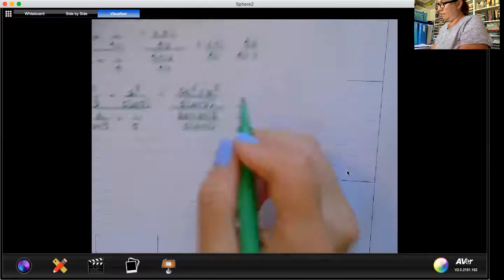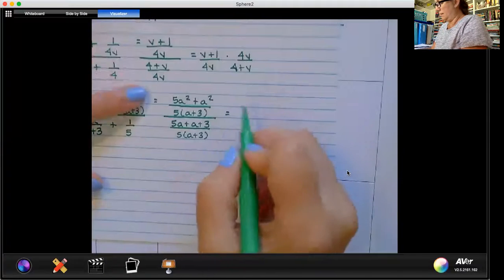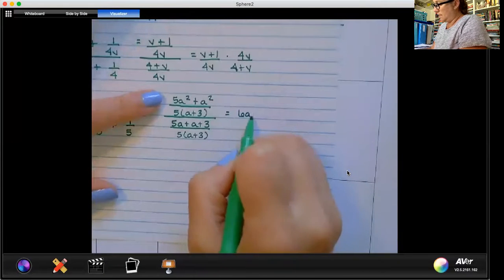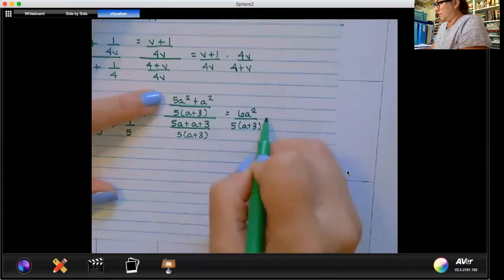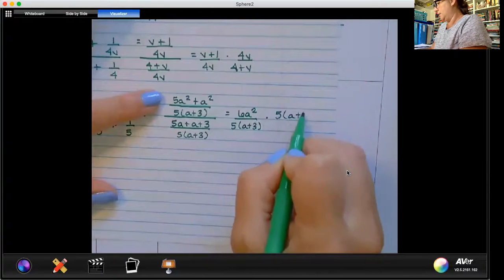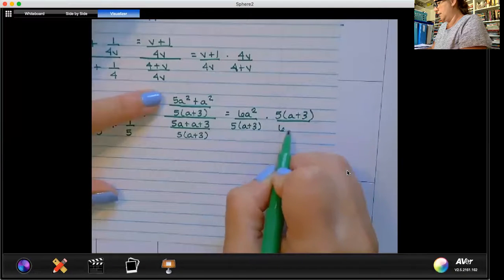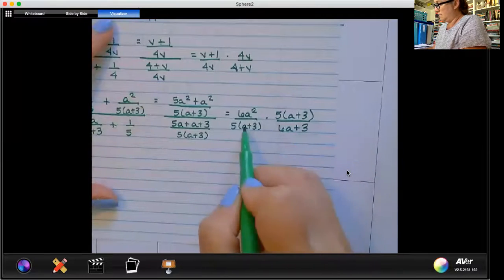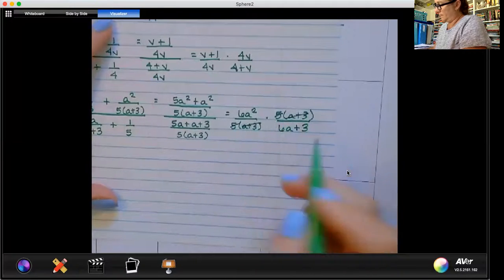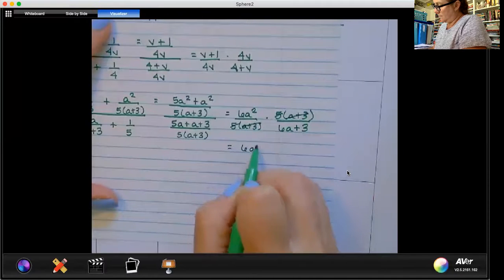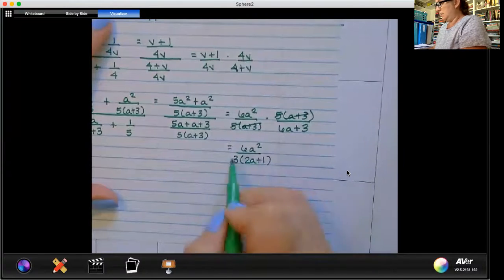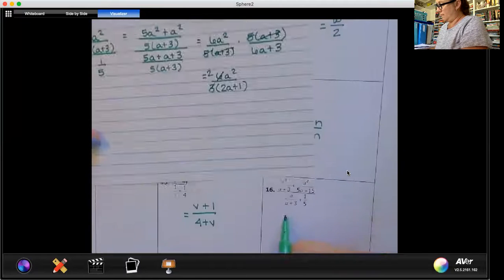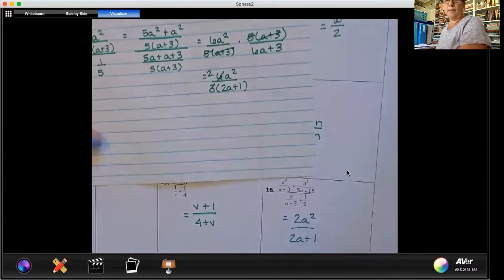And then I'm going to factor and multiply by the reciprocal and combine like terms. So 6a squared over 5 times a plus 3 times 5 times a plus 3 over 6a plus 3. So this is all going to cancel. And I have 6a squared over 3 times 2a plus 1, which is 2a squared over 2a plus 1.